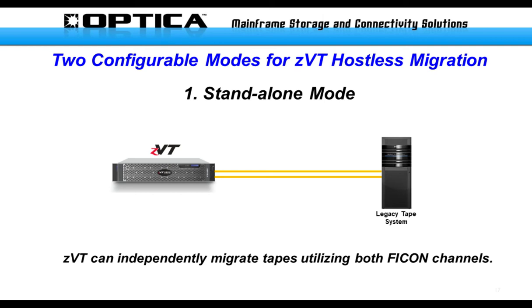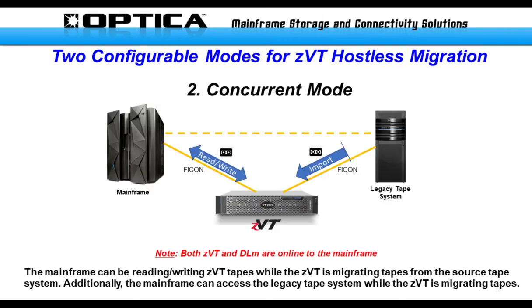So ZVT emulates FICON host channels here and then talks to the target tape device. In the concurrent mode, the ZVT can be migrating tapes from the legacy system as well as be online to the host for normal tape operations and control via ZVT command tape.